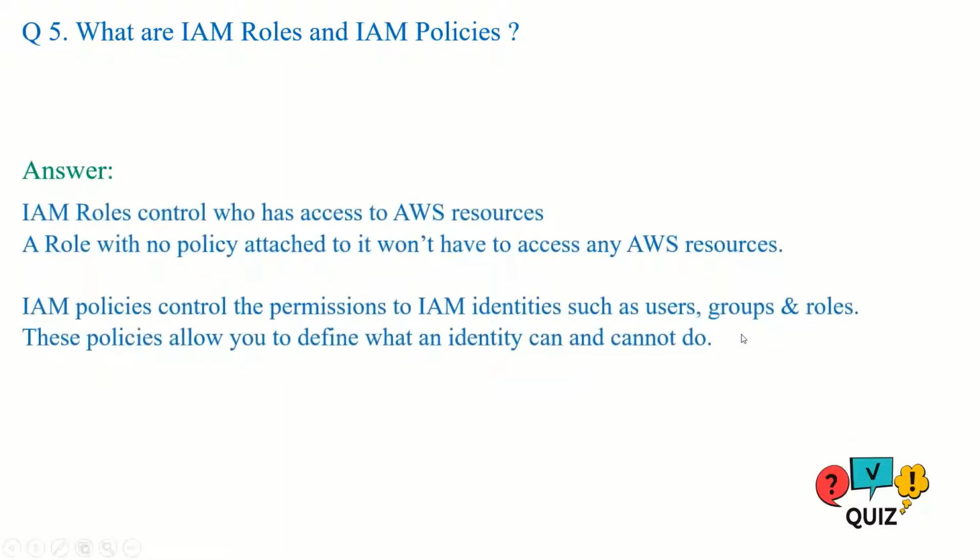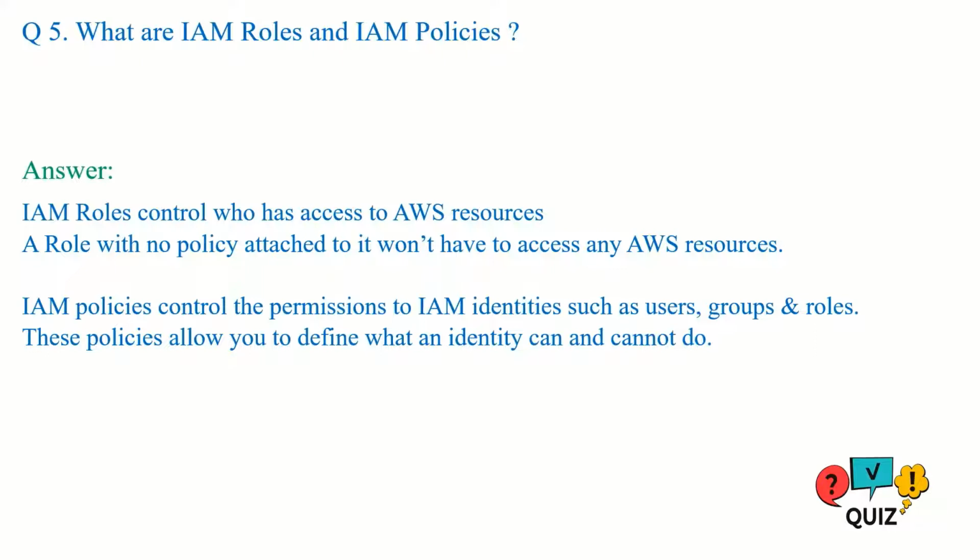Let's check the answer. IAM roles control who has access to AWS resources. A role with no policy attached to it won't have any access to any of the AWS resources. At the same time, IAM policies control the permissions to IAM identities such as users, groups, and roles.